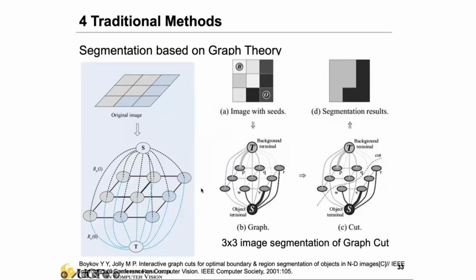We can view the image pixels as nodes, and build the edges, and then use graph theory to do the optimization so that pixels with similar properties can be grouped together. This approach is the graph cut approach to do the segmentation.